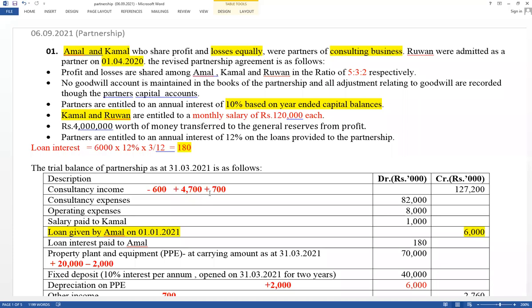Therefore, the correct consultancy income equals 132,000. Therefore, 132,000 should be included in the income statement as consultancy income.